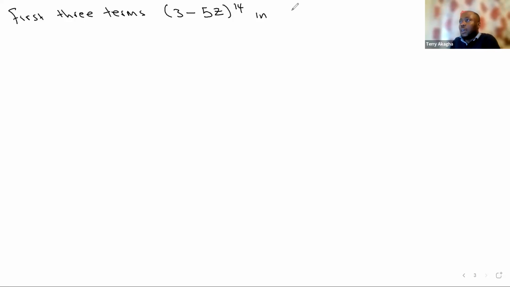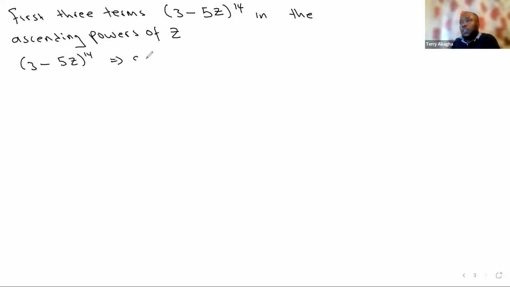In the ascending power of z, it's going to be the same thing. We have 3 minus 5z to the power 14.